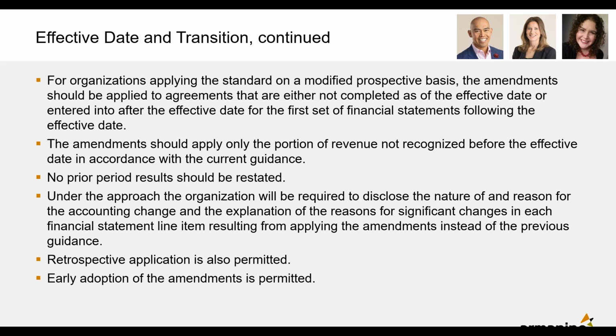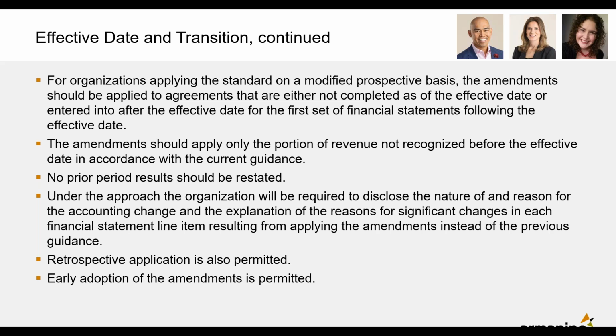Is there anything else that we want to touch on real quickly? Yeah, I would just say this last slide here on the effective date and transition has a lot of information on it. I would just say at a 10,000 foot level that it depends on your organization. It's really going to depend on how you want to implement it because there's an option for a prospective and a retrospective application in order to adopt this.